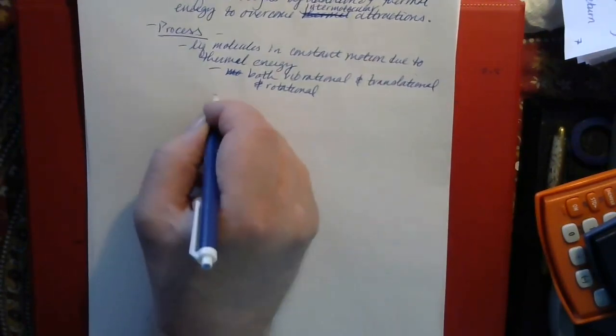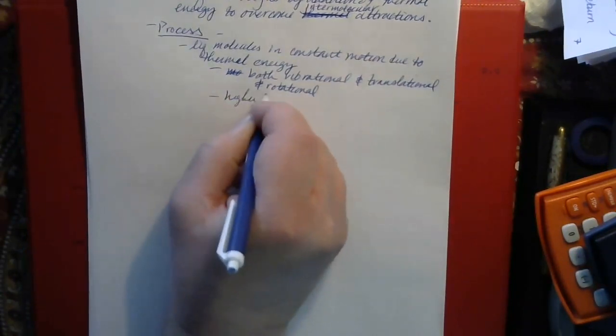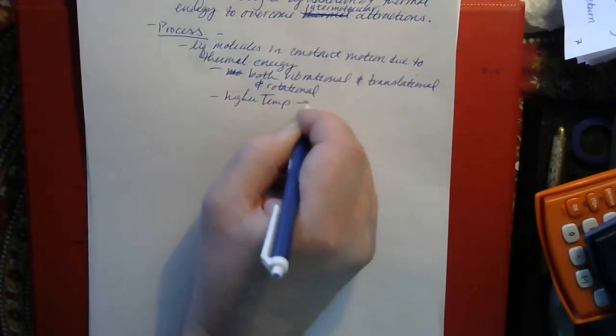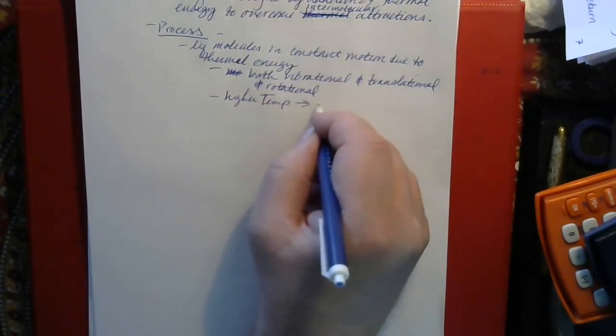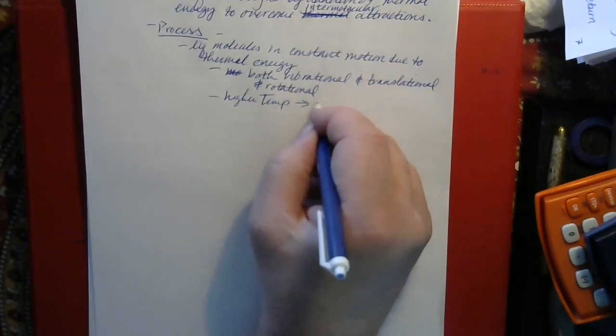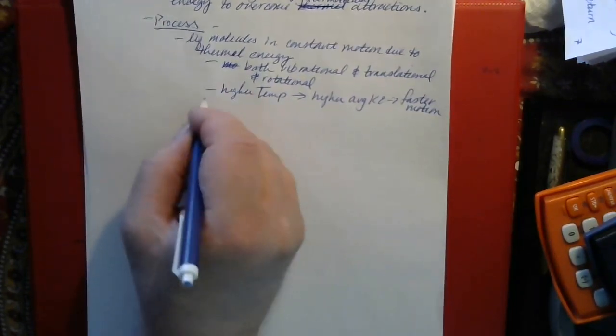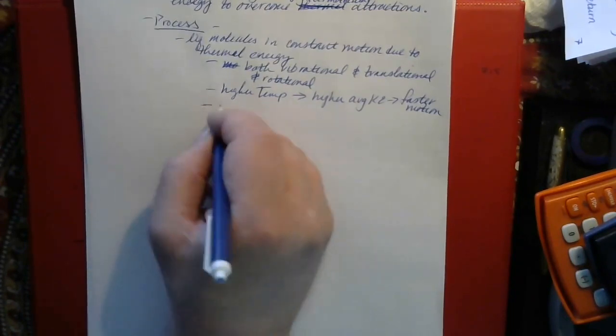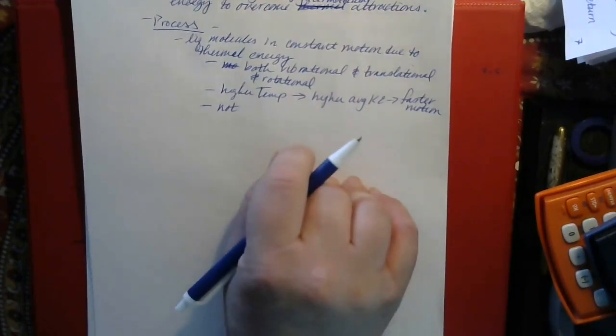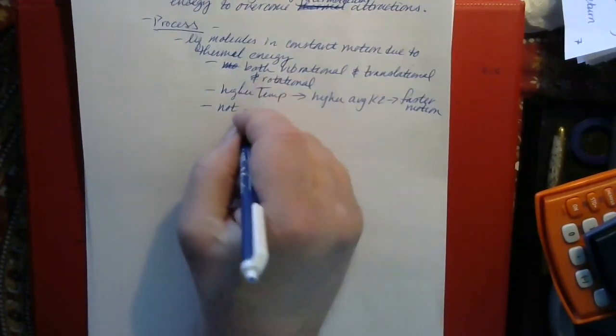And the higher the temperature, the higher the average kinetic energy of the molecules, the faster the motion. Okay, so the faster the motion. And it's also true that not all of the molecules at any given temperature have the same kinetic energy.